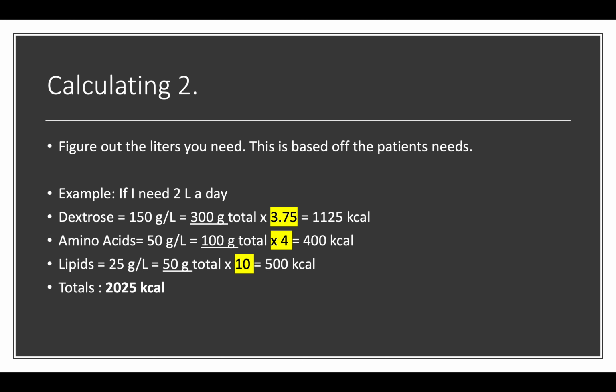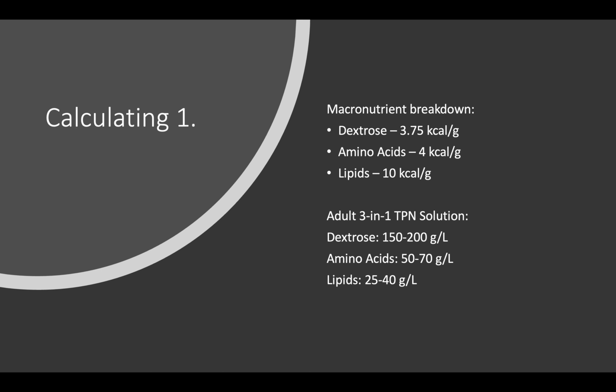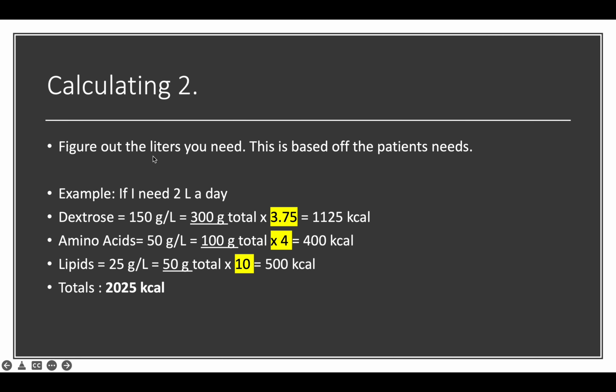Again, we saw in the slide that the solution bag is all based off of how many liters you have. So you need to figure out how many liters you're going to have for that day, and we'll get into how you do that. It's based off of the patient's needs. For this example, I already calculated the patient out. I'm just going to say they need 2 liters a day.